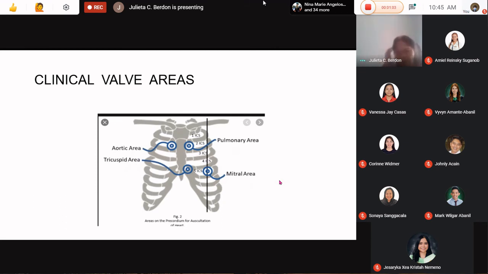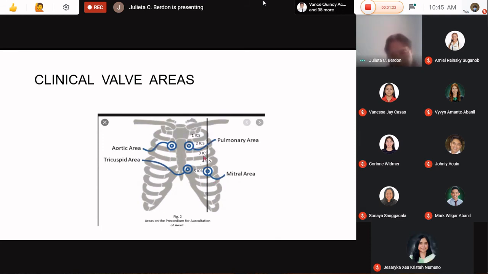Now, when do you use the diaphragm and when do you use the bell? Di ba na, may diaphragm and bell. Okay, unsa man ang bell para unsa man na? Para na siya sa low frequency, muna bell, may L, bell, low frequency, okay? And the diaphragm, kaya naman siya H, diaphragm, sa high frequency, okay? And then I'm sure you already know the clinical valve areas, right?